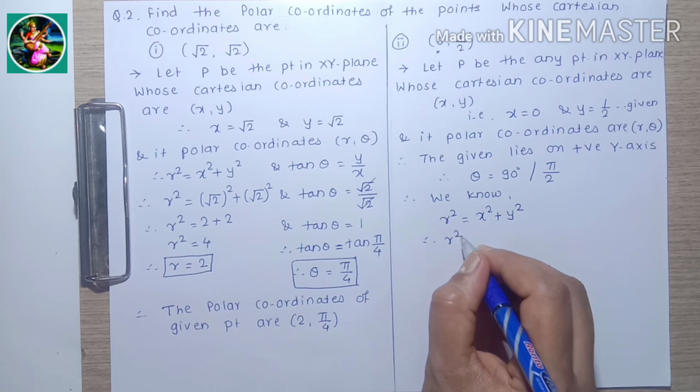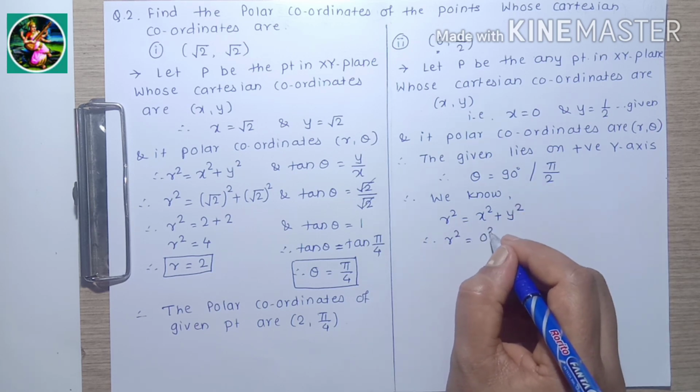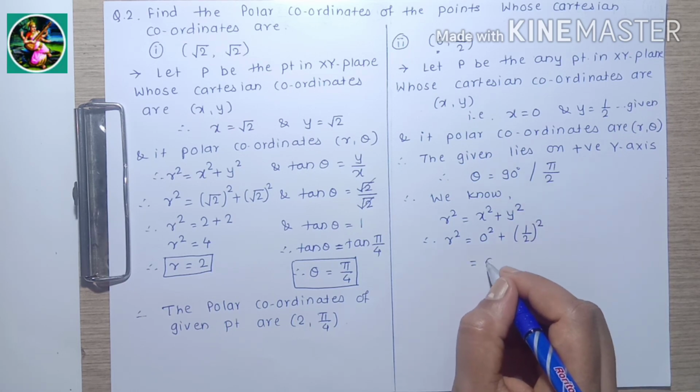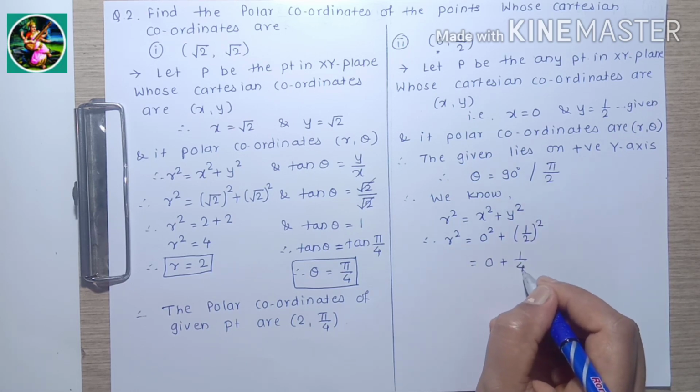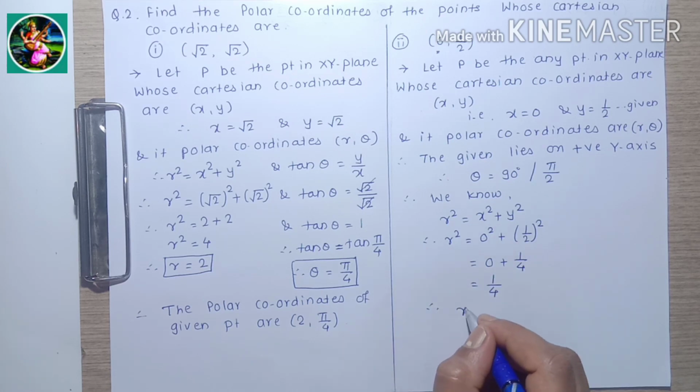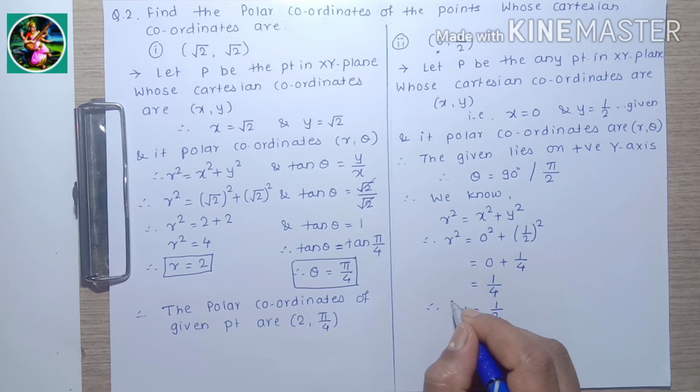Therefore r square is equal to 0 square plus 1/2 square, which is 0 plus 1/4, equal to 1/4. Therefore r is equal to 1/2.